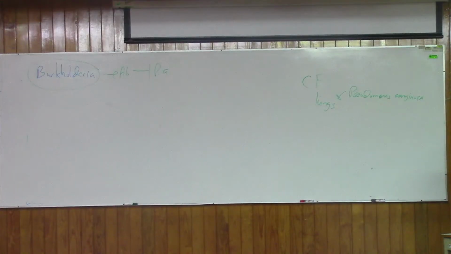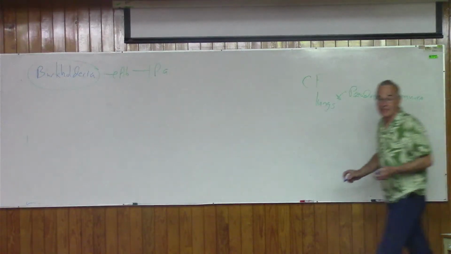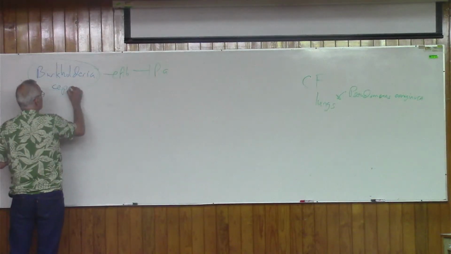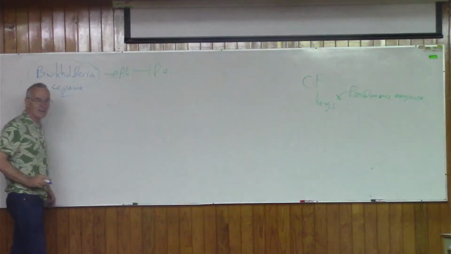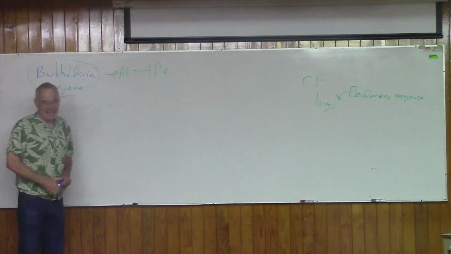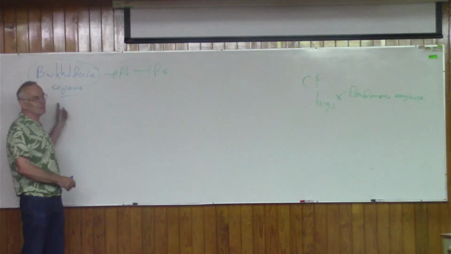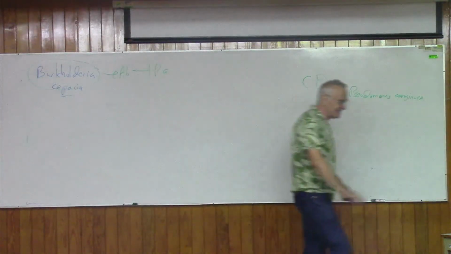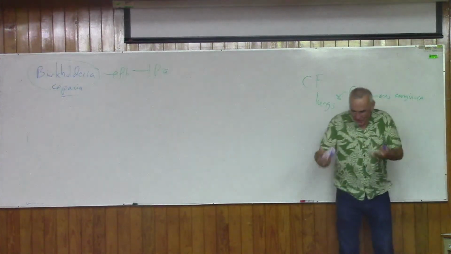But the Burkholderia that makes people sick is called cepacia. Is that right? That's right. I'm sorry, I don't want to work with something that's going to make people sick. So I decided to see if this works.